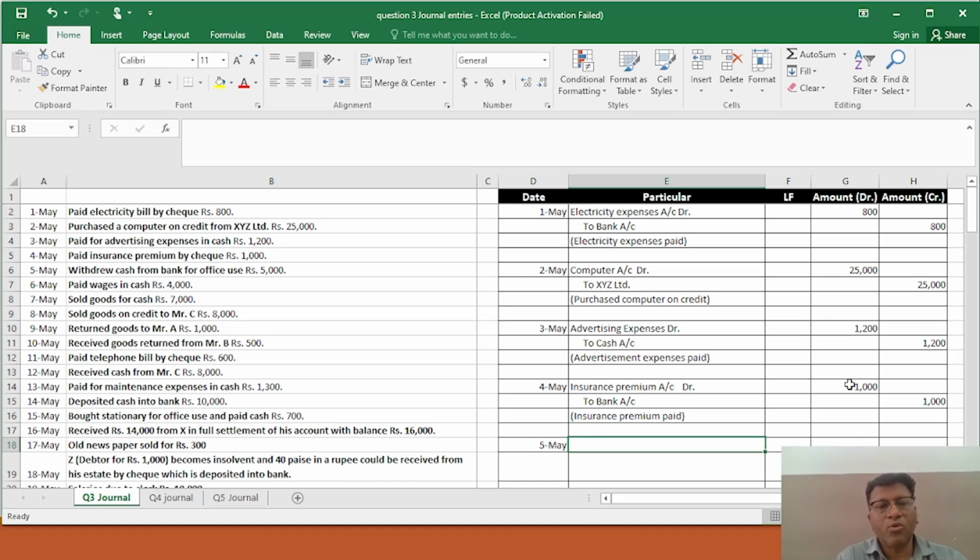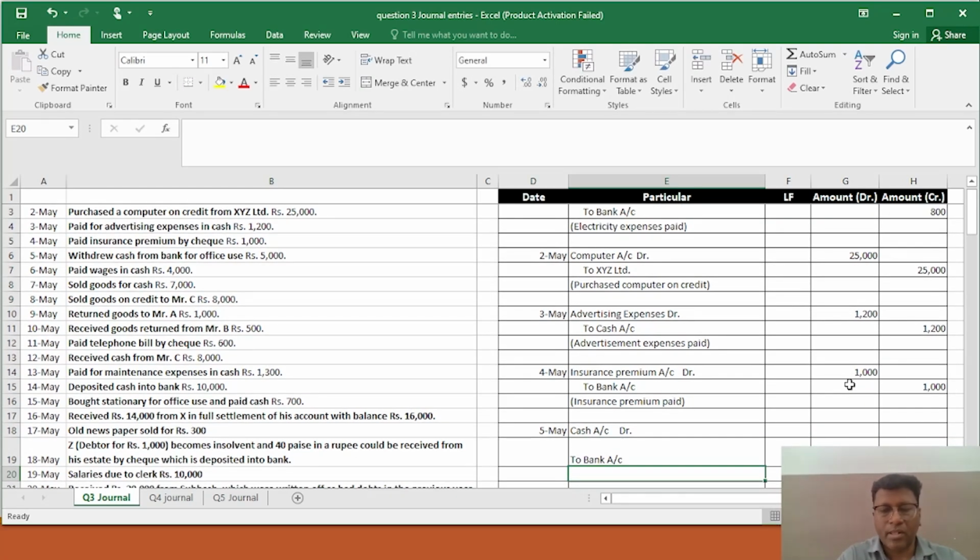Office expenses you can say, but there is no mention of office expenses, only office use. So you can write cash account debit, because you are withdrawing the money from the bank. So cash account debit, and to bank account, because the bank balance is reduced by this transaction, and mention that cash withdrawn from bank, right?